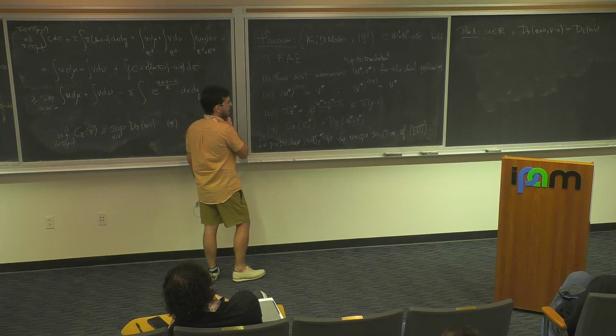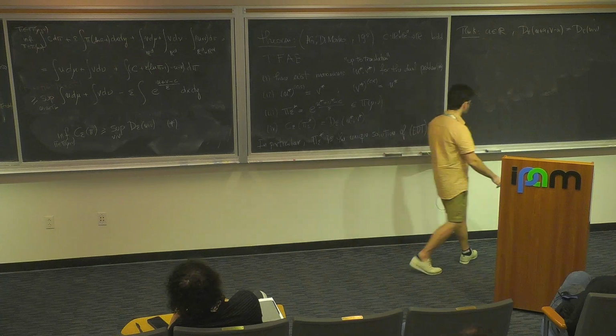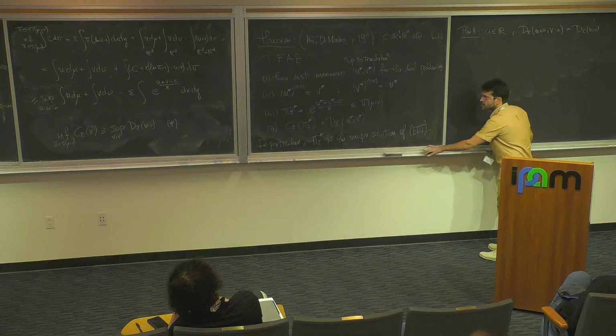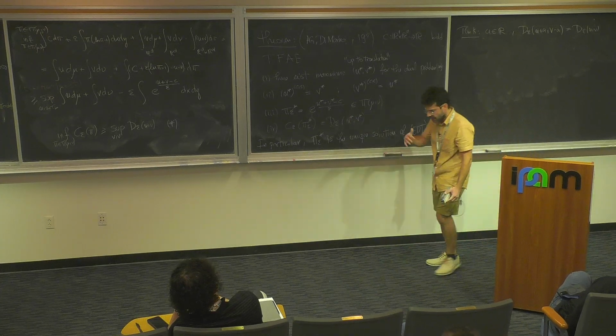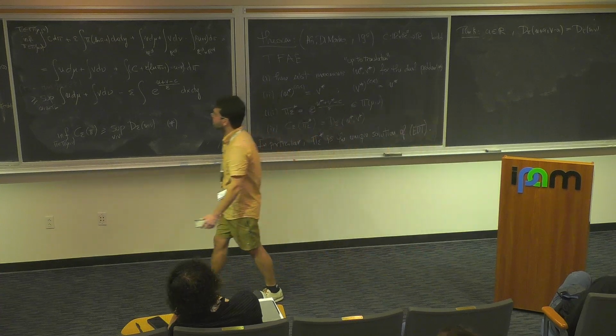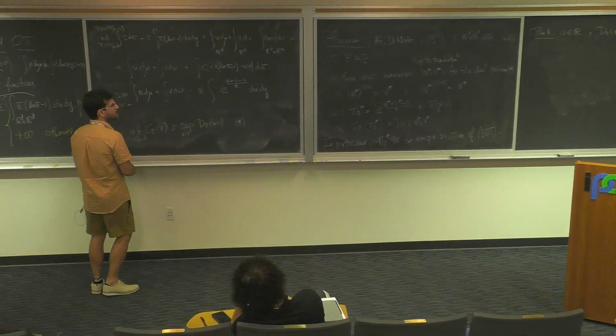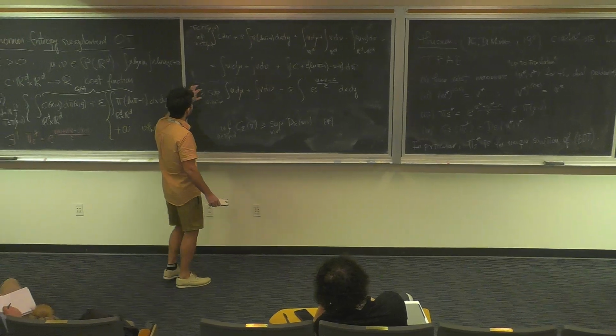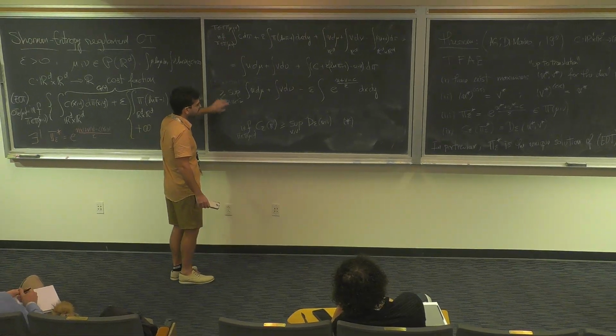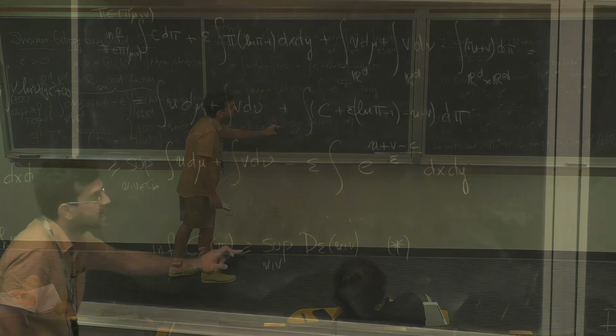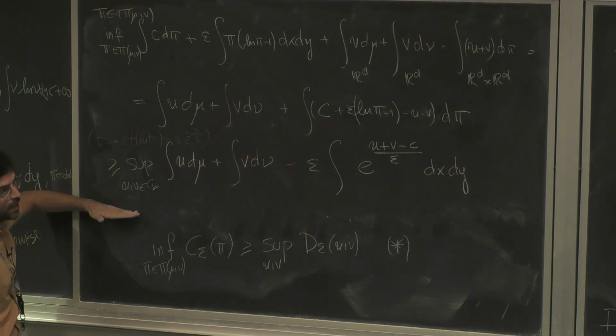So probably I can mention a little bit the idea of this proof, because it is something that we can adapt very well to the quantum setting. The basic idea is that we have the weak duality. Weak duality means that I don't have the equality, but I have the inequality, which is something that we get almost for free.